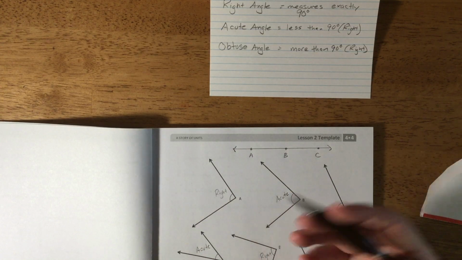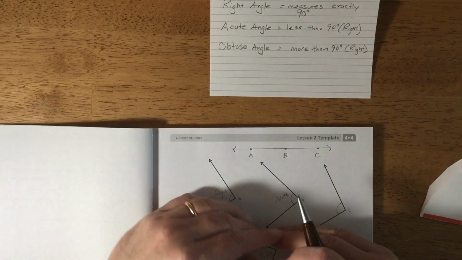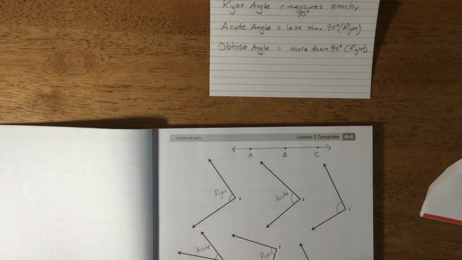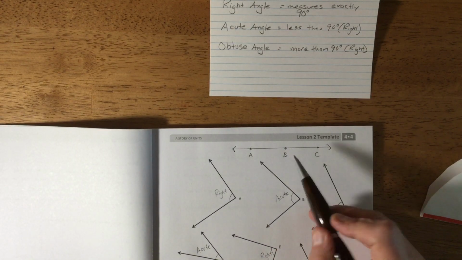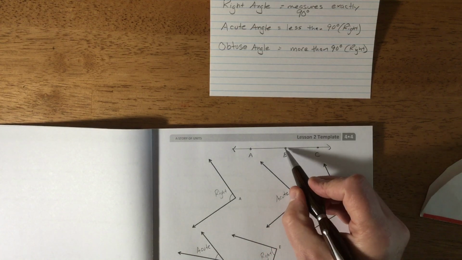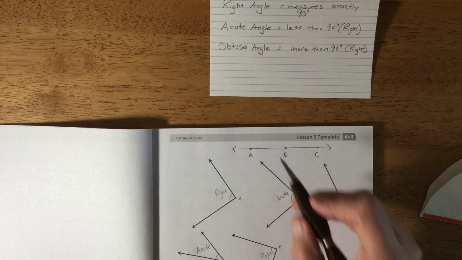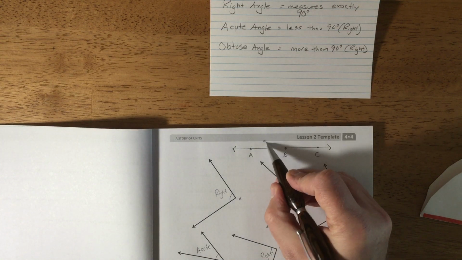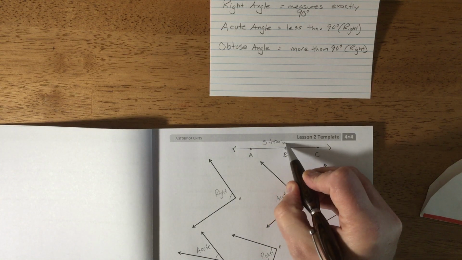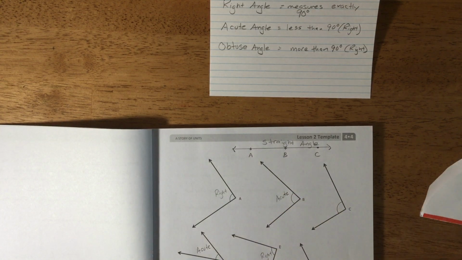But you might say, well, that's a line, Mr. Chaplin. And you're right, it is a line because it is a straight line. It goes in opposite directions forever. However, because we could also say it's made up of two rays, it is an angle. But this is a special angle. And this is what we call a straight angle because it's a straight line.